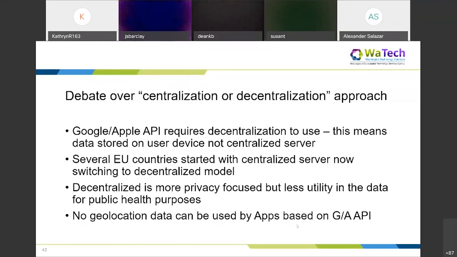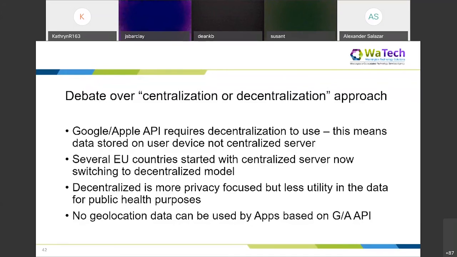And so some of the European Union countries that originally went for the centralized model had found that their apps are not working very well because the API that Google and Apple developed with their operating systems allows the exchange of the proximity information to occur even when the device is sort of asleep in your pocket versus being actively out of your pocket and you looking at your device.